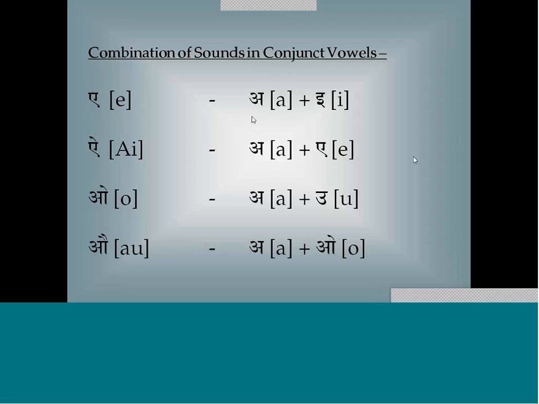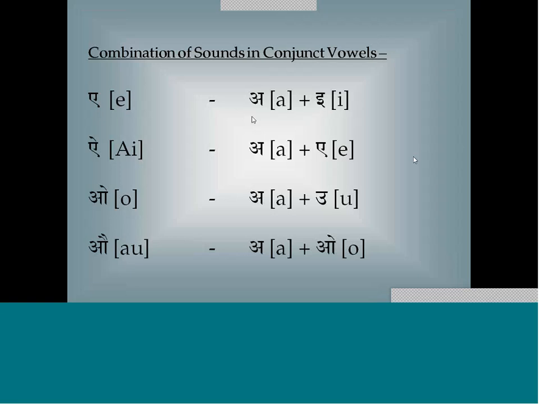O is the combination of A and U, that is guttural and labial. So this is how the place of articulation is presented for these four conjunctive vowels. It is important to know the place of pronunciation. This will help you later when we do Sandhi rules.